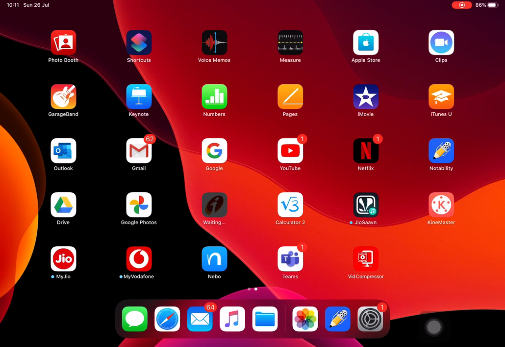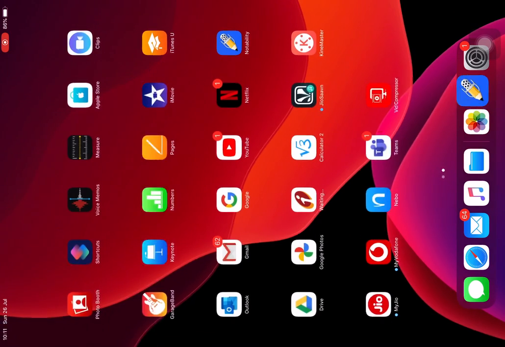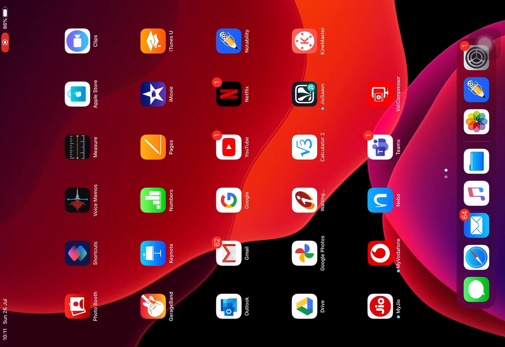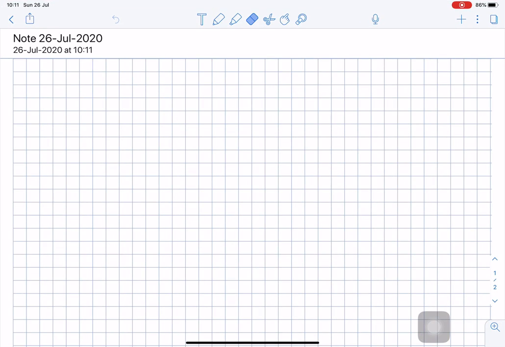So I will open the notes. Now first of all I need to orient this. Right, now let us start with the discussion of general theory of waveguide analysis.